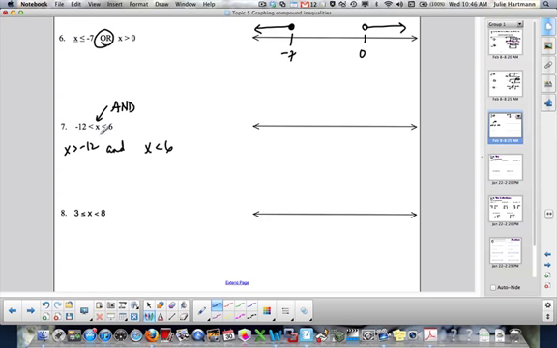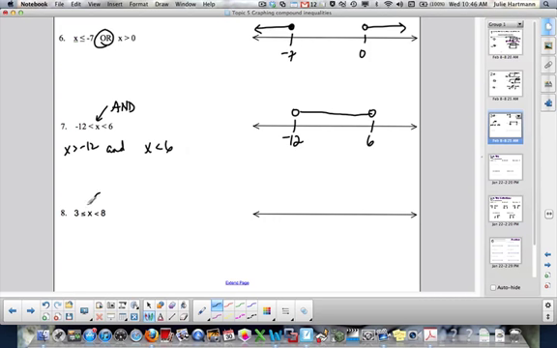Okay, so it's kind of split up both ways. So that's an and statement. Easiest one to graph, because we have negative 12, we have 6. They're both just less than, so that's an open circle for both. X is in between them. That would be x is greater than negative 12 and less than 6. With and, it's only what's shaded for both, so that's only in between them.